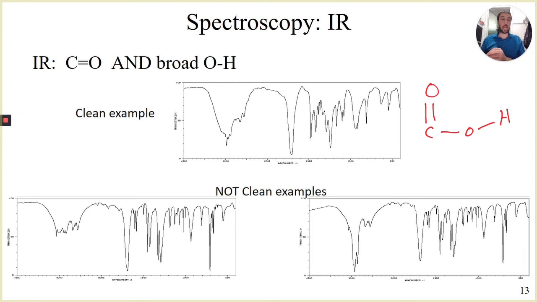If we look at a carboxylic acid, that hydrogen is very acidic, which means the bond that connects it is very weak. Because it is weak, it's going to shift to lower frequencies than a standard alcohol. So our standard alcohol shows up at about 3,400. Because it's now much weaker due to the acidity and conjugation of that pi system, it shifts to lower frequencies. And so the OH from a carboxylic acid typically centers around 3,000.